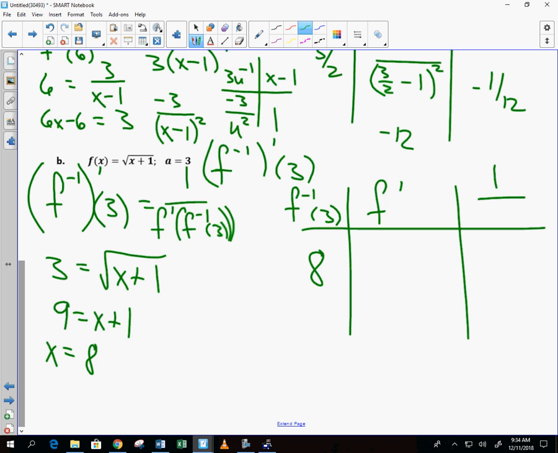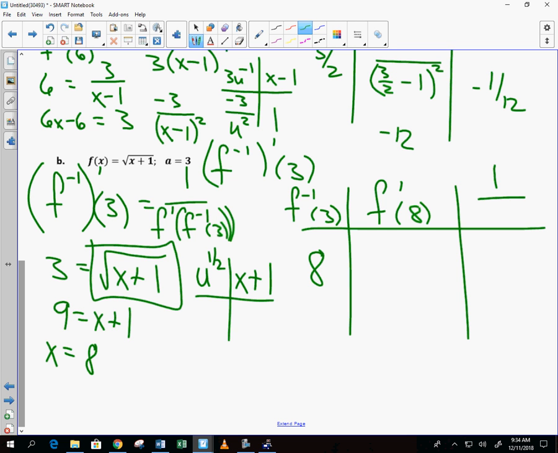Dump the 8 here. Now f prime of 8. So we need the derivative. How do you find the derivative of the root of x plus 1? Chain rule. Outside, you're the 1 half. Inside, derivative of the inside. Derivative of the outside.